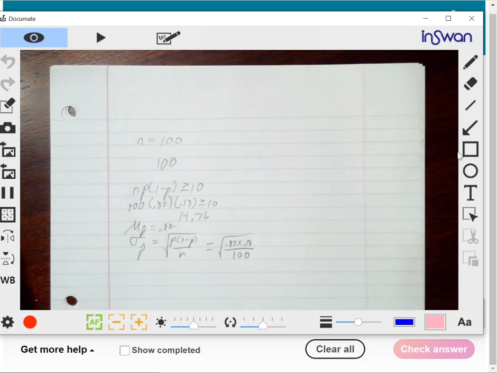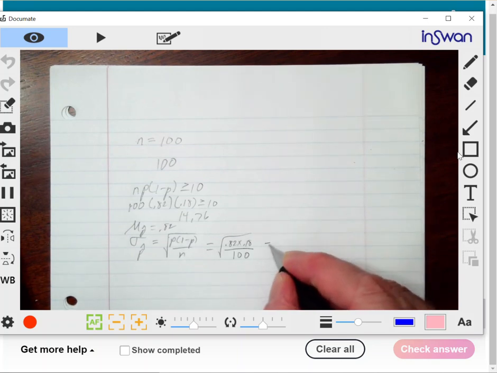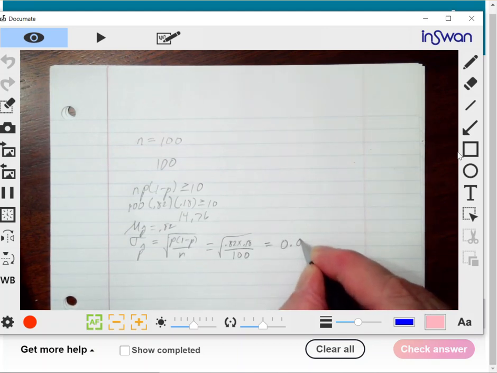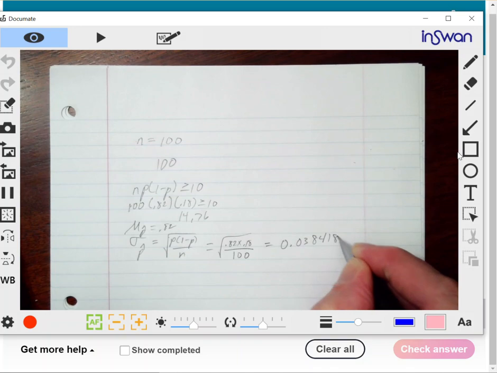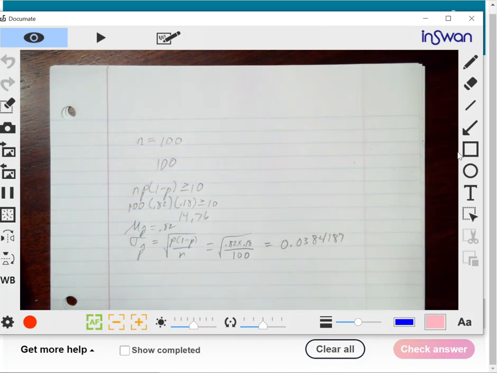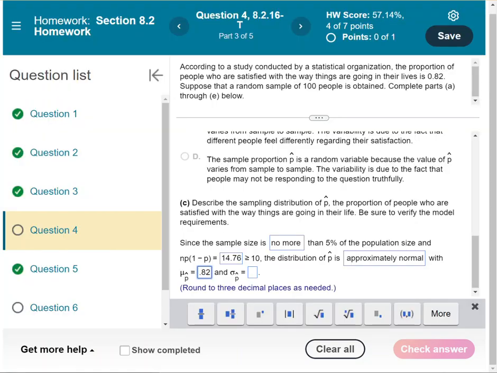I messed up at least once. There we go. So I'm getting 0.0384187. I forget how many places I need to go here. And it says 3, so it'll be 0.038.